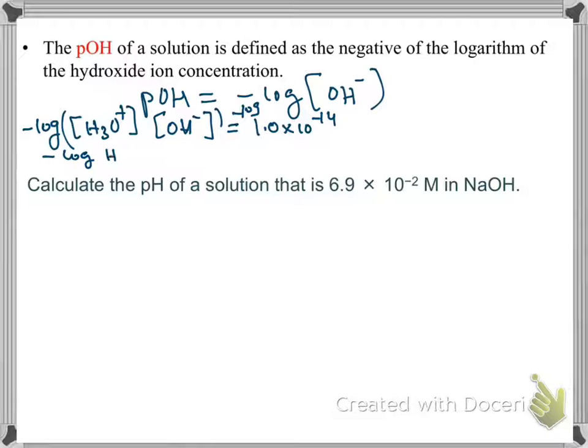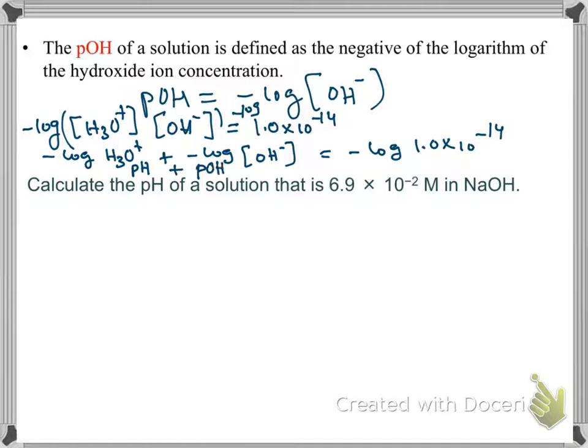Log of M plus log of N equals log MN equals log of 1.0 times 10 to the negative 14th. What is negative log of H3O plus? pH. What is this? pOH. And what is the negative log of this? 14. That means pH plus pOH will be equal to 14.